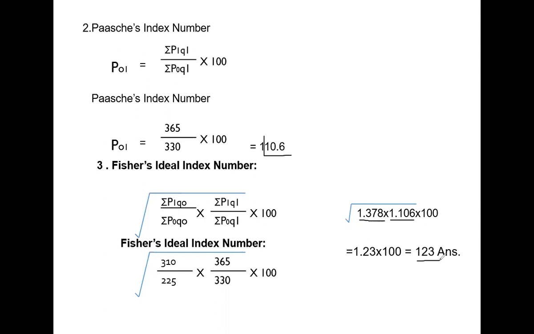You can see it's midway between the last year's and the purchase index. That gives you the value, which is a 23% increase in the value of commodities in the current year.